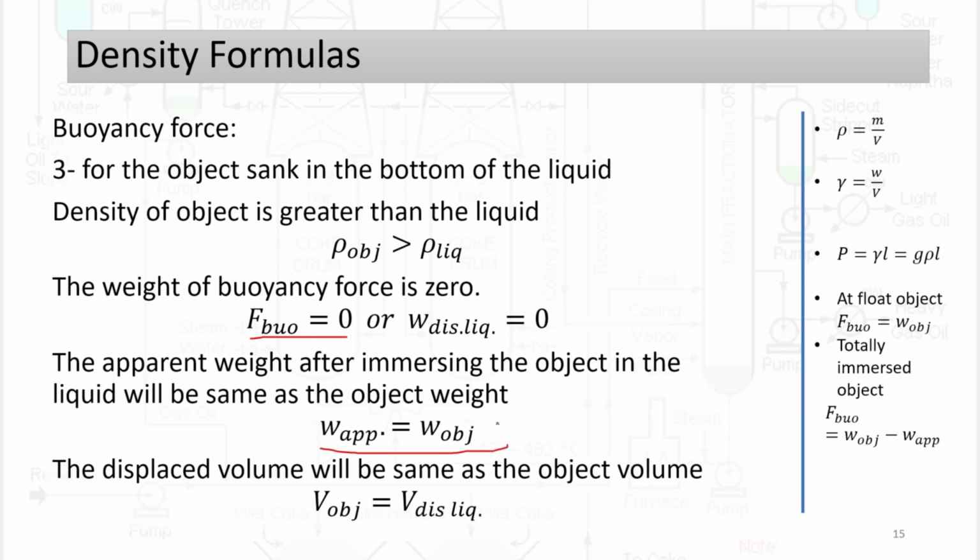The apparent weight in this situation will equal the weight of the object, because the buoyant force is almost 0. There is no effect from the buoyancy in this situation.